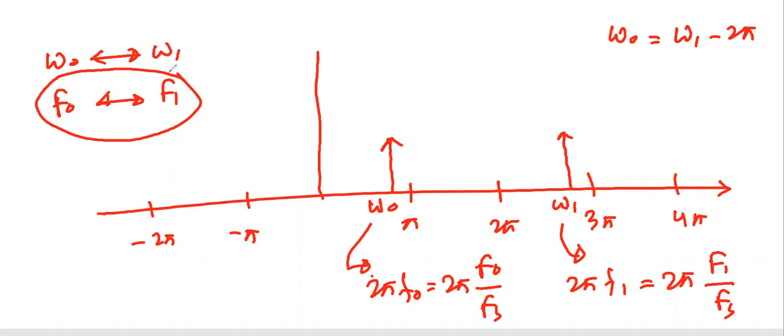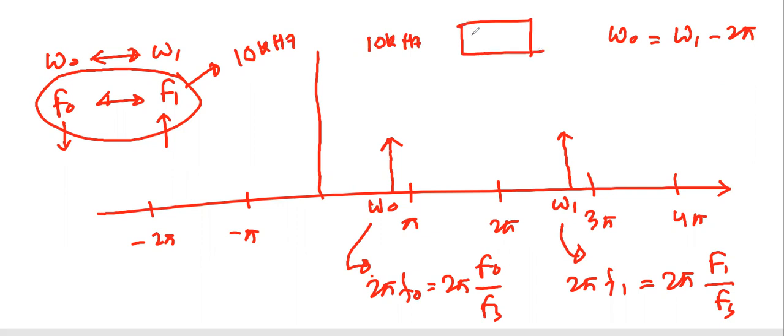So if you give the value of F1 to a discrete system, and after the discrete system you convert back to analog, you get some signal like F0. For example, if F1 is 10 kilohertz, you put this 10 kilohertz into a digital signal processor.